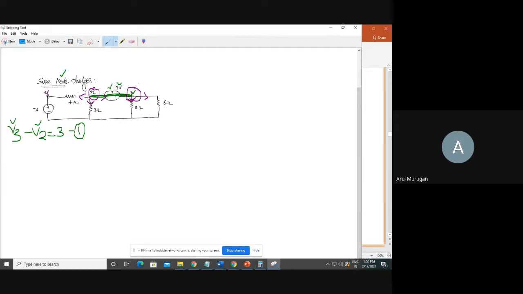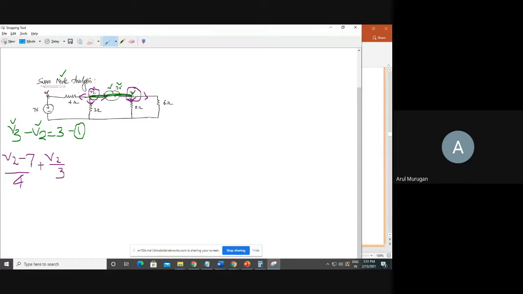I'm standing here, then write V2 minus, V2 minus 7 volt divided by 4. Why 7 volt? Because it's a plus, that's why. Previously you have solved, then plus V2 divided by 3. Here between any resistance are there? No resistance, then leave it, that's all.